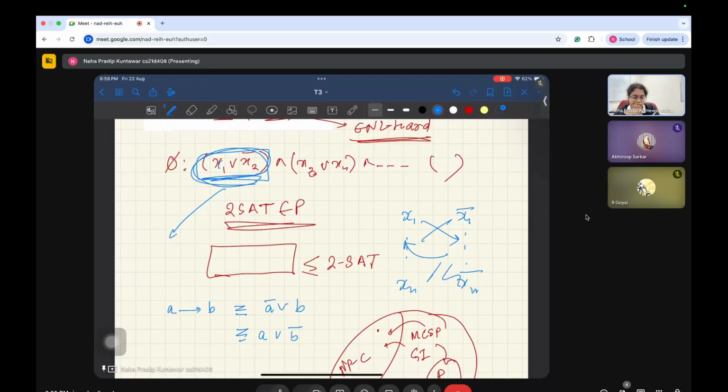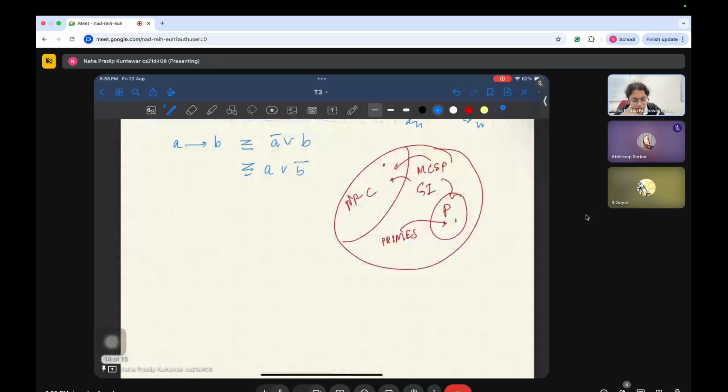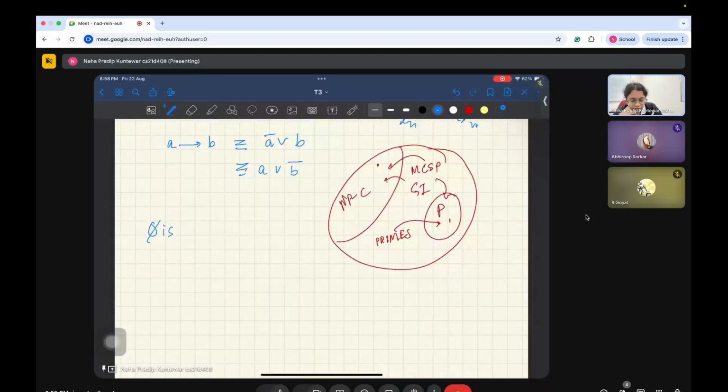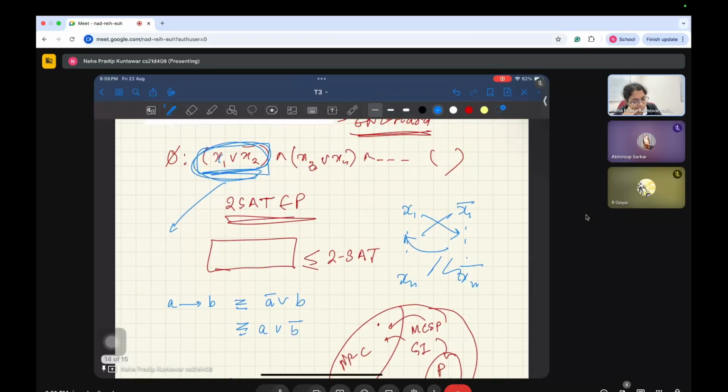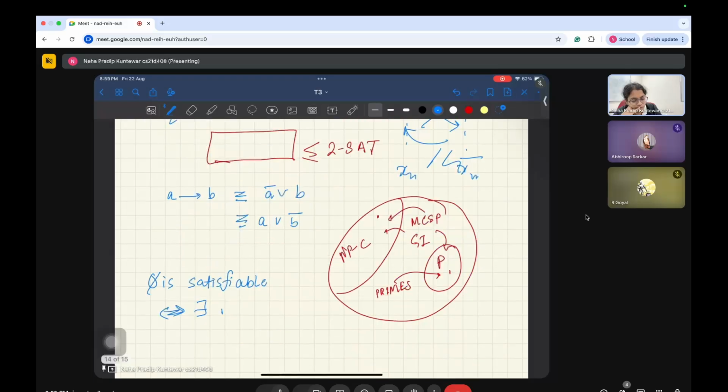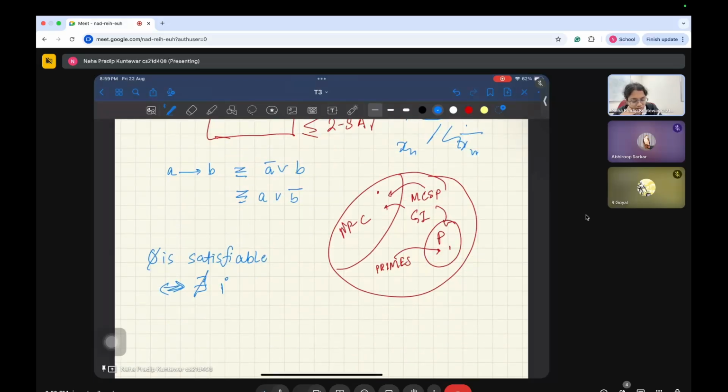Then we said that phi is satisfiable if and only if there does not exist an i such that there's a cycle through xi and xi bar, right? Is that what we said?